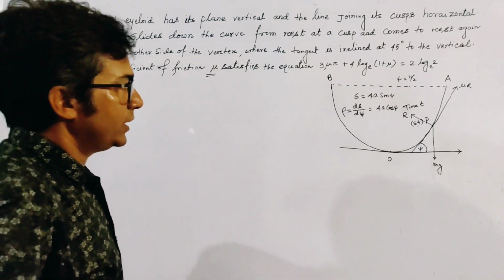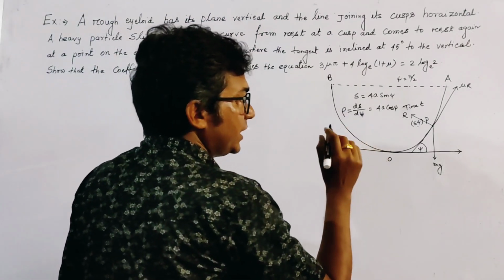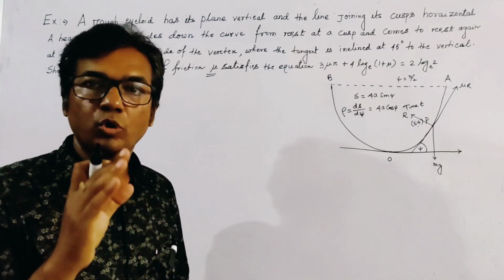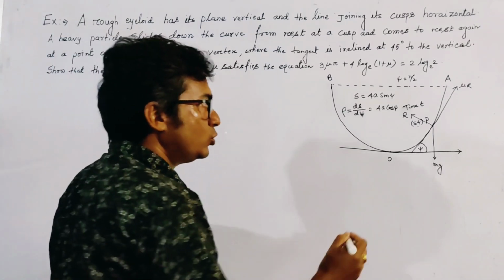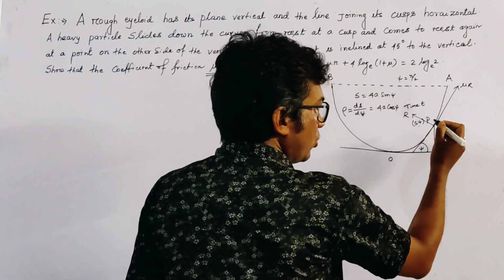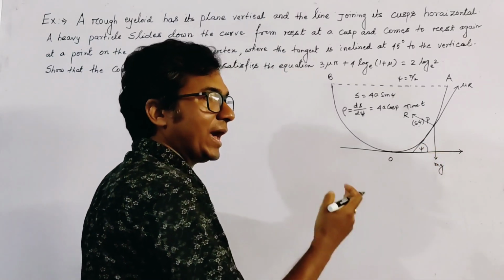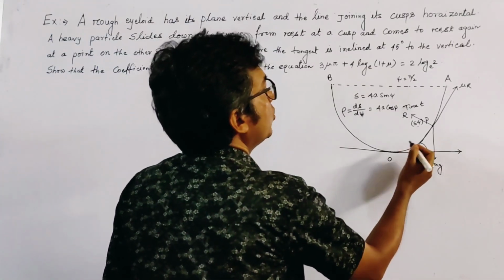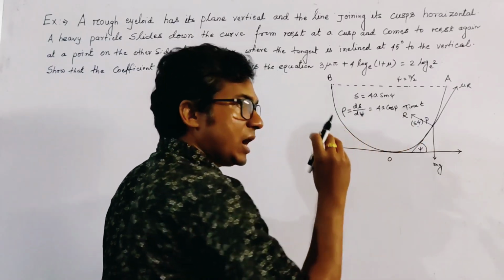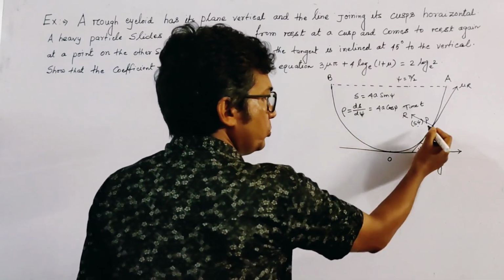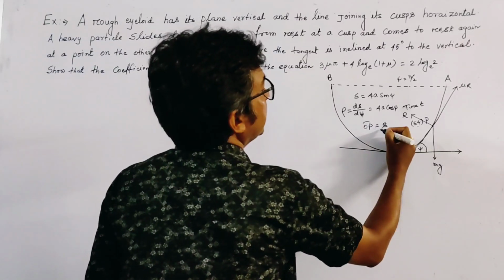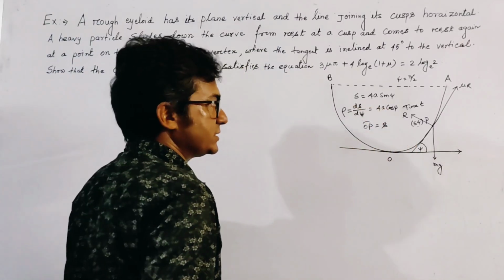Okay, now we write the equation of motion along the tangent and along the normal, and we know that the tangential acceleration always acts along the positive tangent. Here from the vertex O, we measure the arc length s from O to P. Here OP is the arc length, given by s.